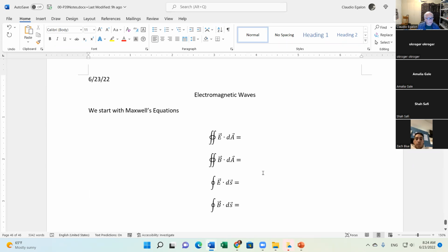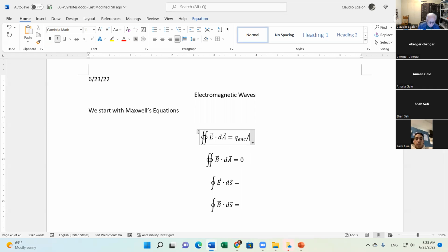Now it's a matter of figuring out what goes on the right side, right? This one is the easiest one because there are no magnetic sources. The right side of this equation is going to be 0. Since there is a source for the electric field, and the source of the electric field is an electric charge, what goes on the right side of this equation is the charge enclosed by the closed surface.